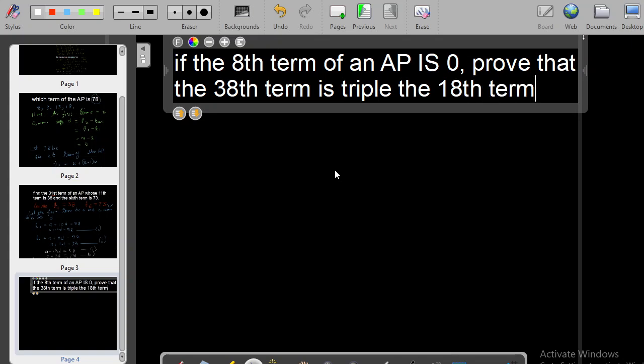It is given that the eighth term of an AP is 0 and nothing more is given. So let us see. This is a very interesting sum. First of all, we don't know the first term and the common difference.